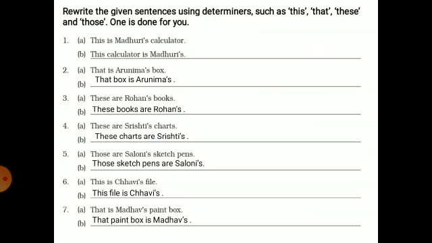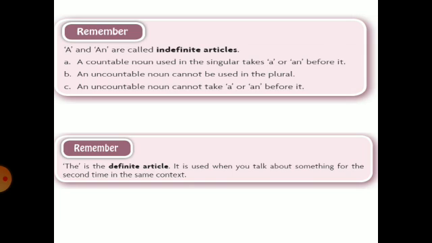Likewise, you will write all these sentences. Few have been done by me. That is Arunima's box. That box is Arunima's. These are Rohan's books. These books are Rohan's. Likewise, you can do all the worksheets of this type.